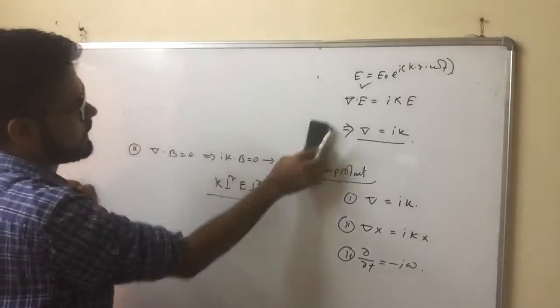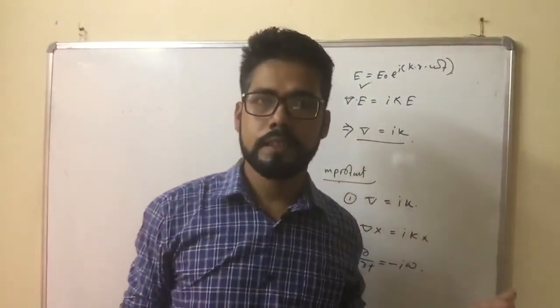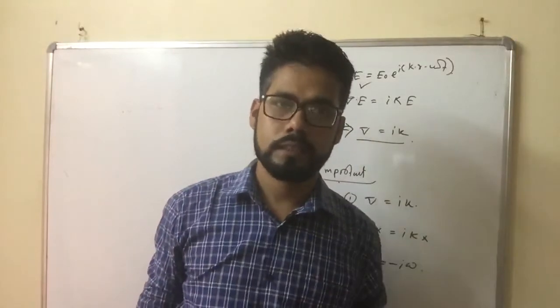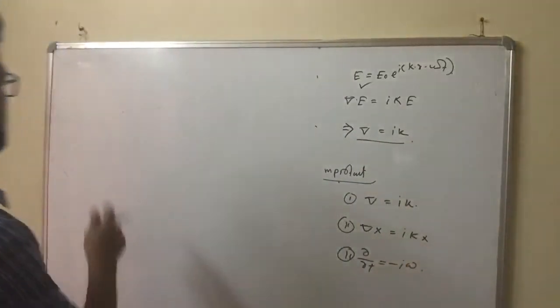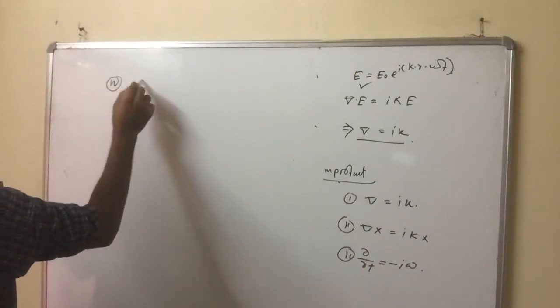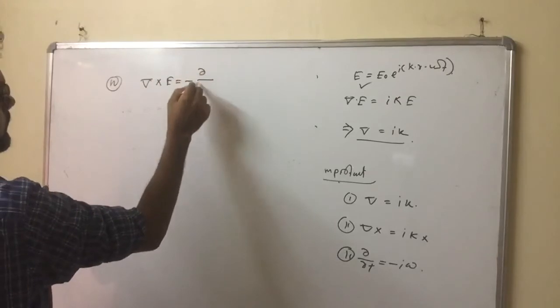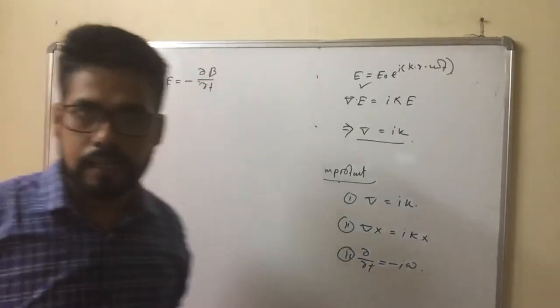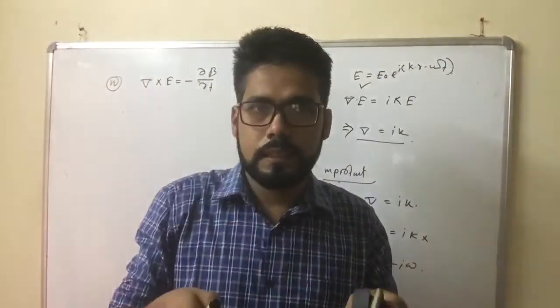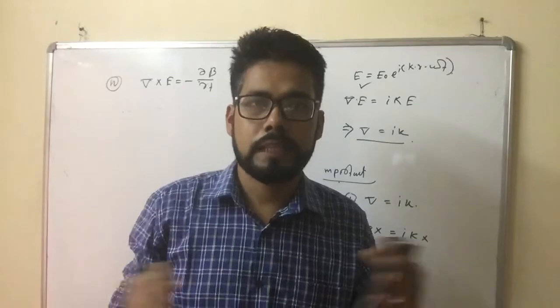This is the first and second law. Using these equations we can verify that the propagation direction, electric field direction and magnetic field direction are all mutually perpendicular. Similarly, if we take the third equation, del cross E equal to minus dB by dt, I am putting short tricks. When you take the curl, always remember we have to take a determinant. In the determinant calculation there is a possibility of a minus or plus error.